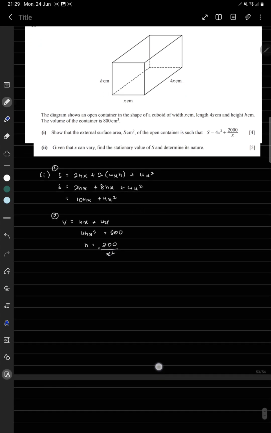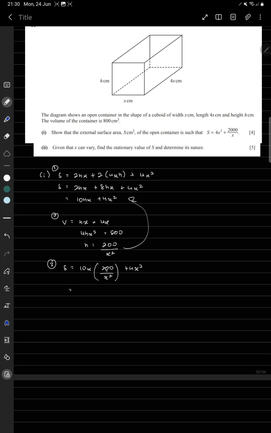Now we're going to substitute this h value into this equation, right? So by doing that, we'll have S is equal to 10x times bracket 200 over x squared close bracket plus 4x squared.